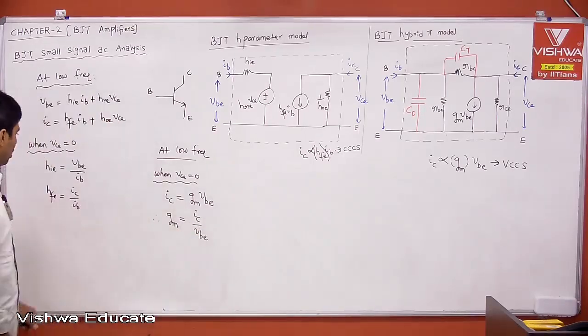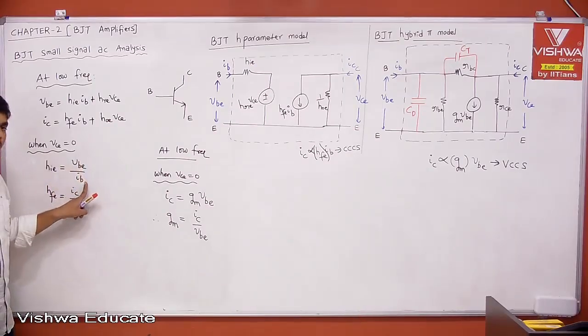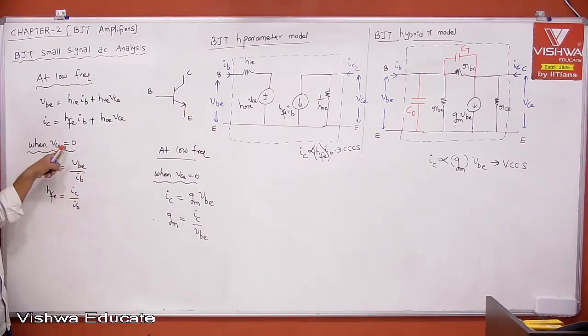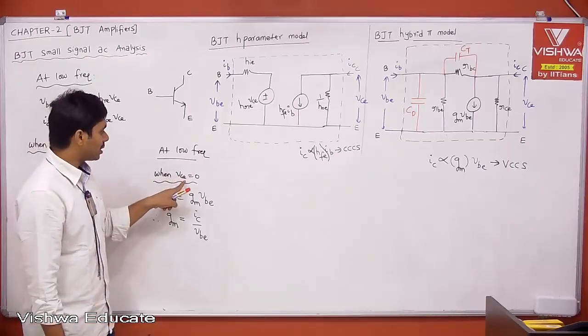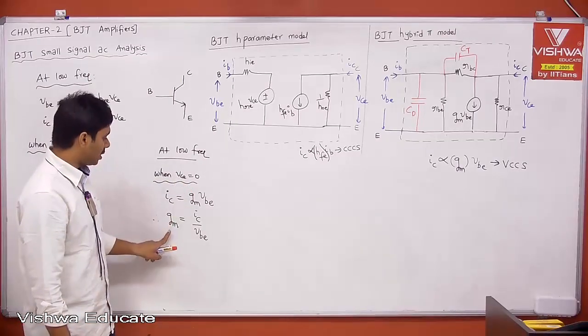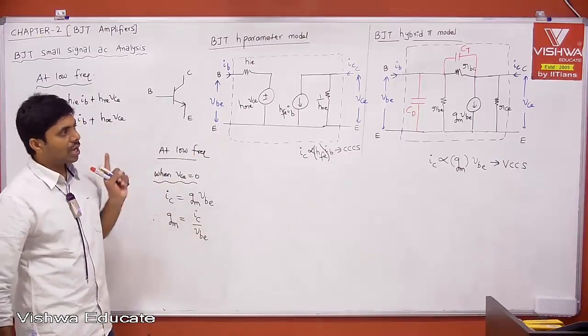We know input impedance is input voltage by input current when VCE is equal to 0, and current gain is output current by input current when VCE is equal to 0. That is using the H parameter model. Similarly, when VCE is equal to 0, GM is output current divided by input voltage, which is using the hybrid pi model.